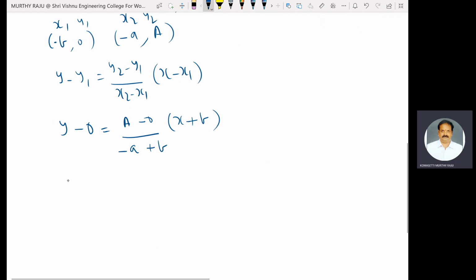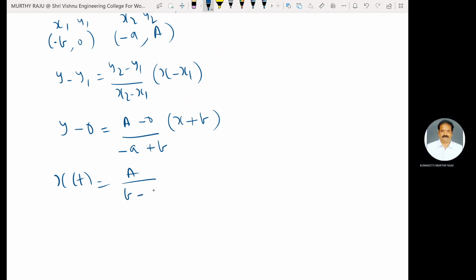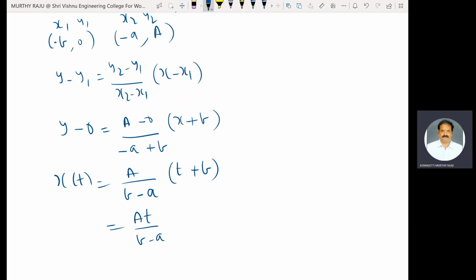Here y is x of t, so x of t is equal to A t by (b minus a) plus A b by (b minus a).